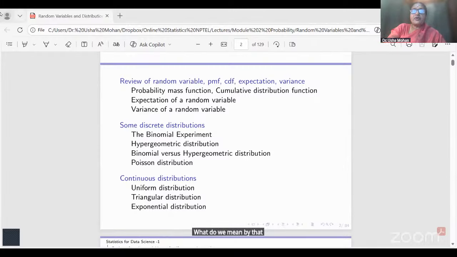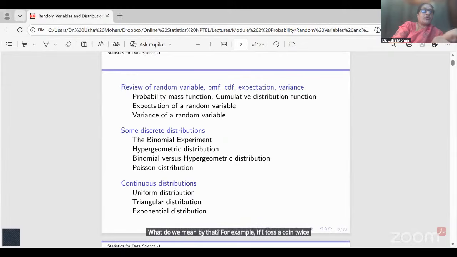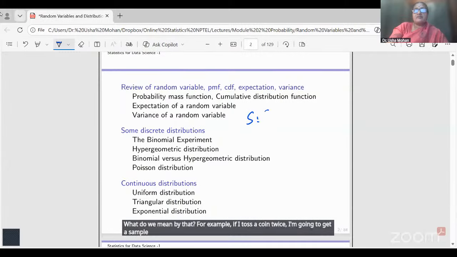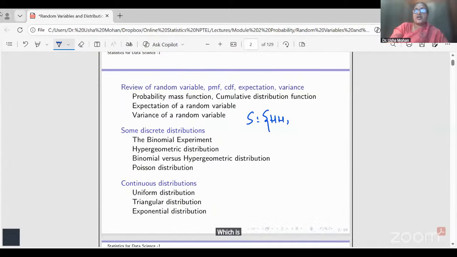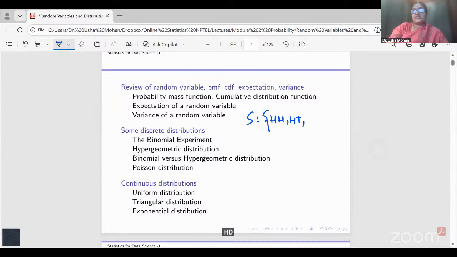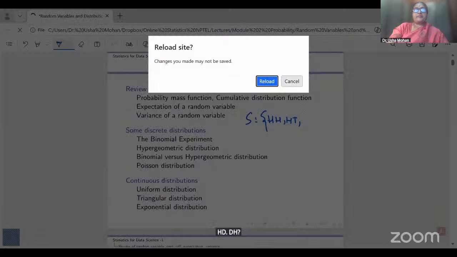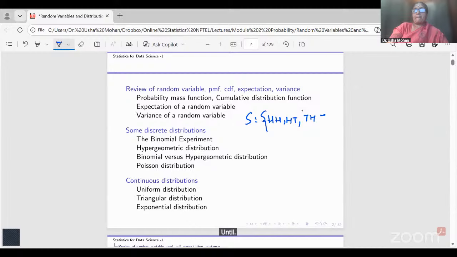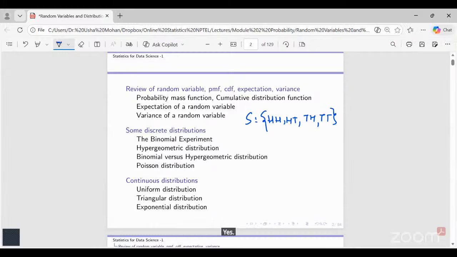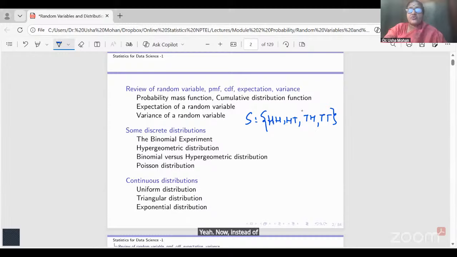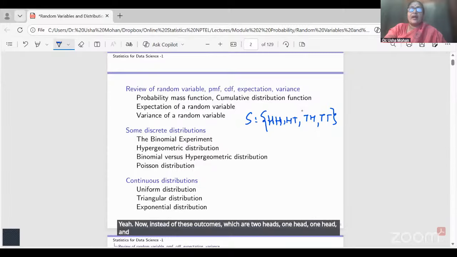For example, if I toss a coin twice, I'm going to get a sample space which is HH, HT, TH, and TT. Are you all able to see what I'm writing? Yes, ma'am. Now, instead of these outcomes, which are two heads, one head and one tail, I might want to map these outcomes to a number.